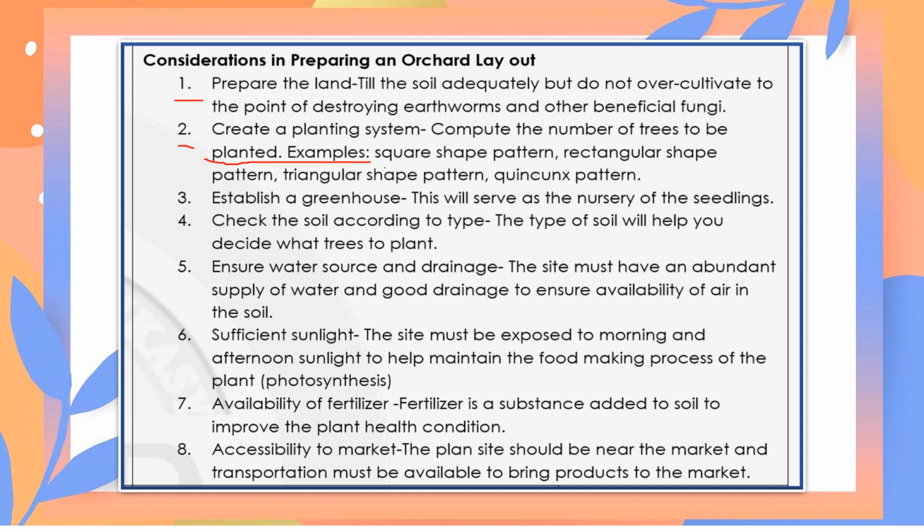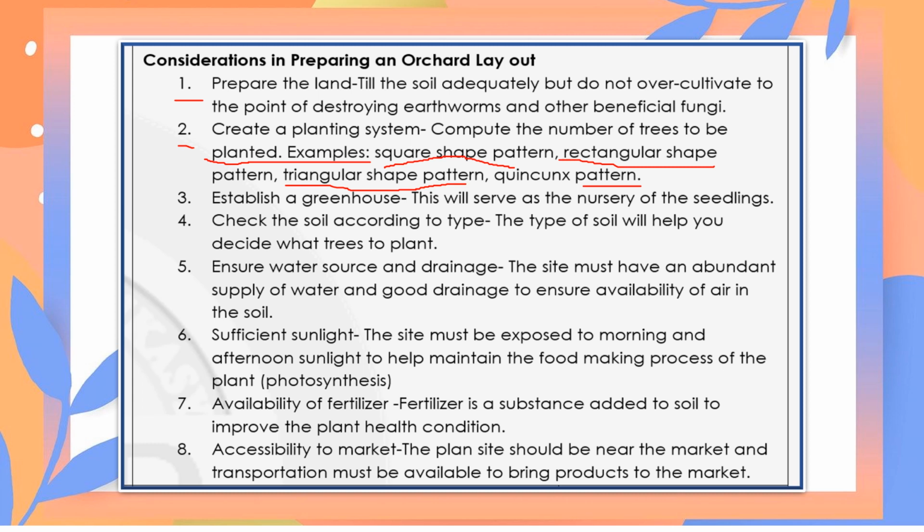So, kailangan you will consider the square shape pattern, rectangular shape pattern, triangular shape pattern, and quincunx pattern. So, it depends on the kinds of trees that we are going to plant, children.